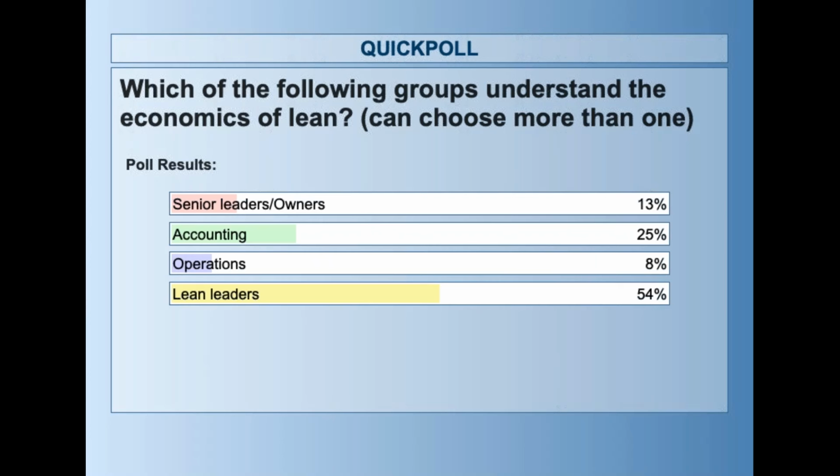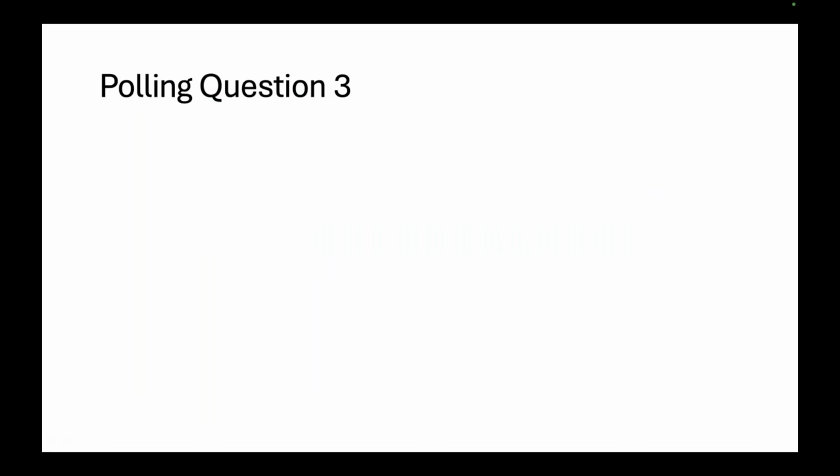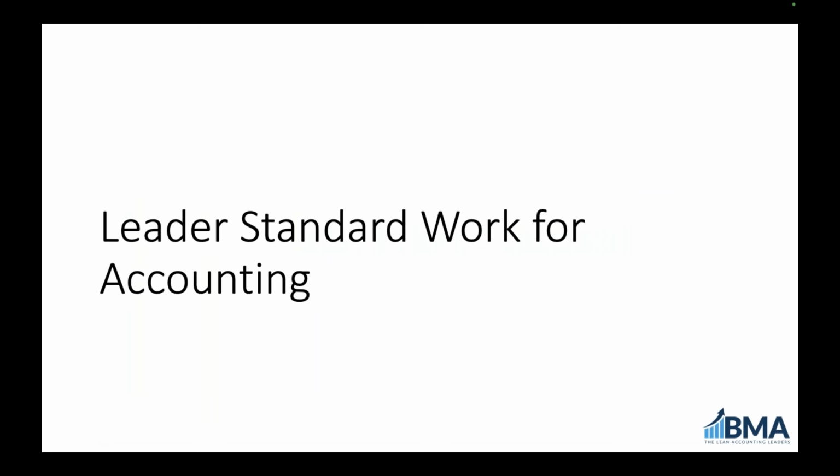But when I see this poll, I see opportunity in the fact that creating a conversation around the value stream profit equation, how lean makes money, is just as important in a company as the lean tools and practices.